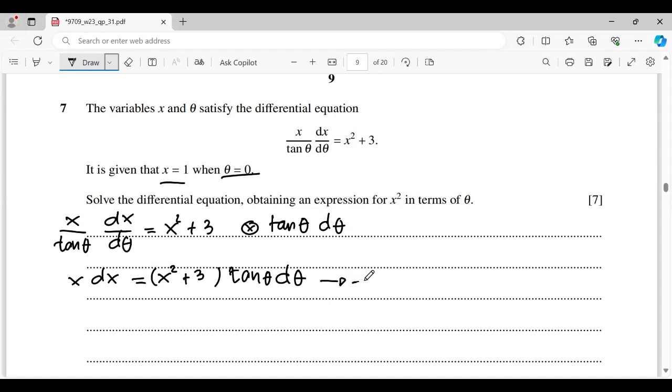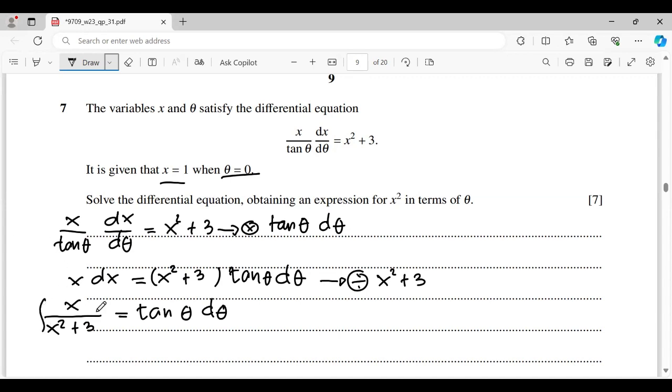The next step, divide by x squared plus 3. So it becomes x over x squared plus 3 dx equals tangent theta d theta.